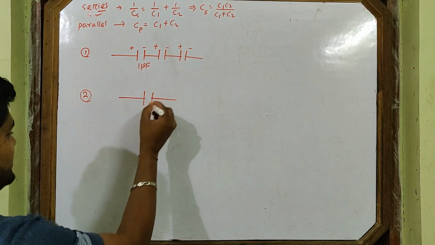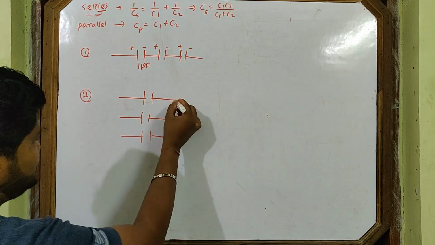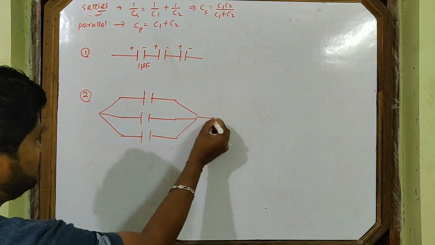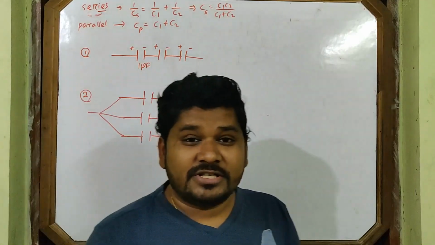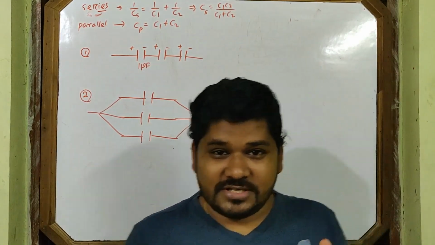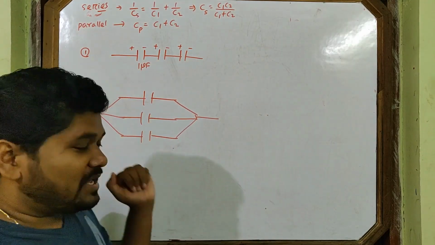Then this connection. Now see, what happens here? Which connection is this? Obviously parallel connection. They are in a line, parallel to each other.